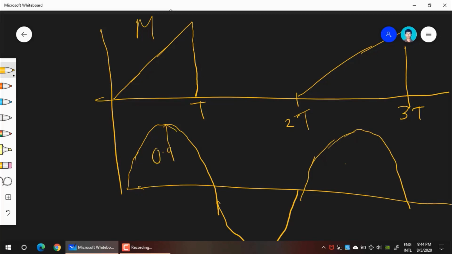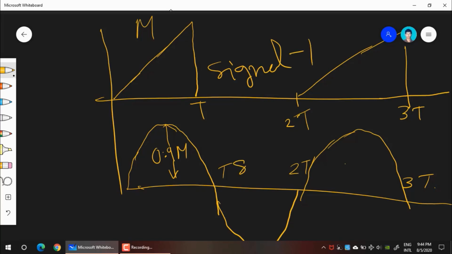It is having magnitude 0.98. You calculate their RMS values. This triangular waveform is our signal 1. And this is our signal 2.